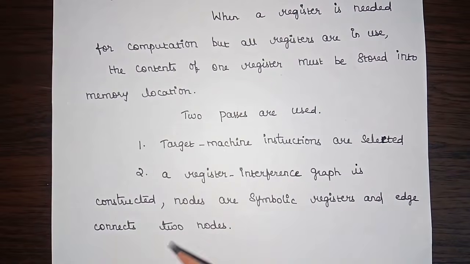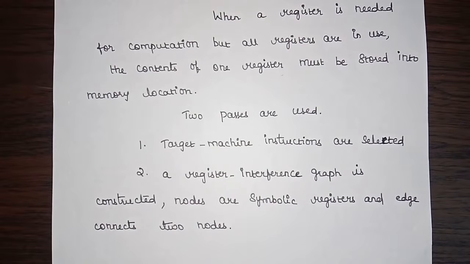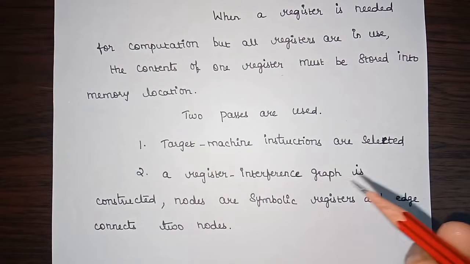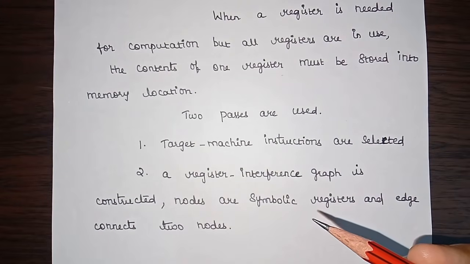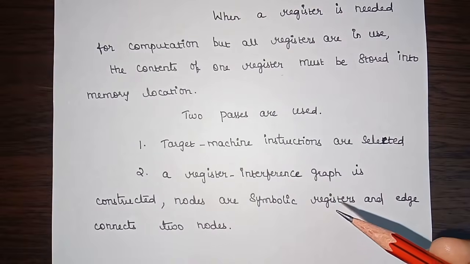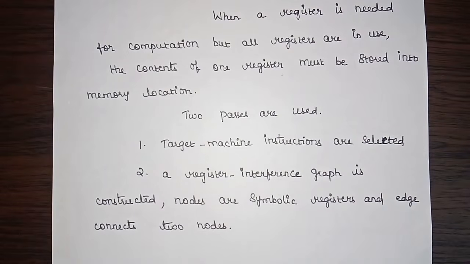In this method, we are using 2 passes. In the first pass, the target machine instructions are selected, and the names used in the intermediate code become the names of the registers, and the 3 address instructions become the target language instructions.